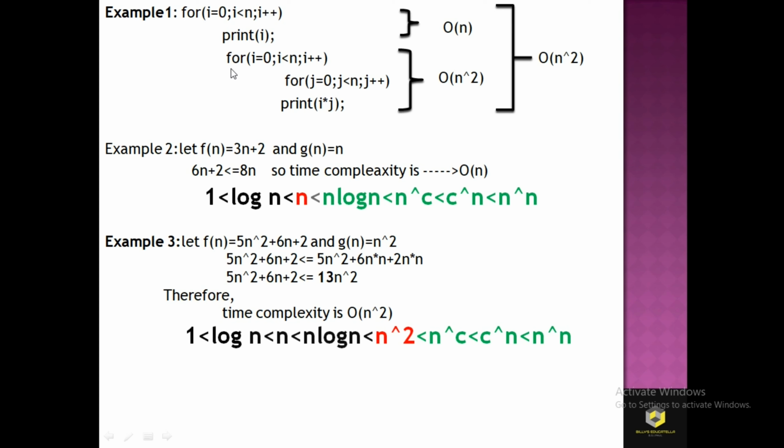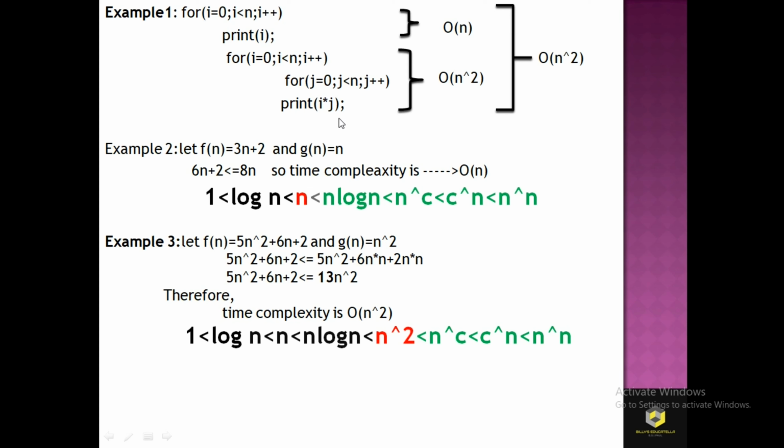So next, coming to for i equals 0, i less than or equal to n, i plus plus, for j equals 0 and j less than n, j plus plus, print i into j. It is simply a multiplication operation.